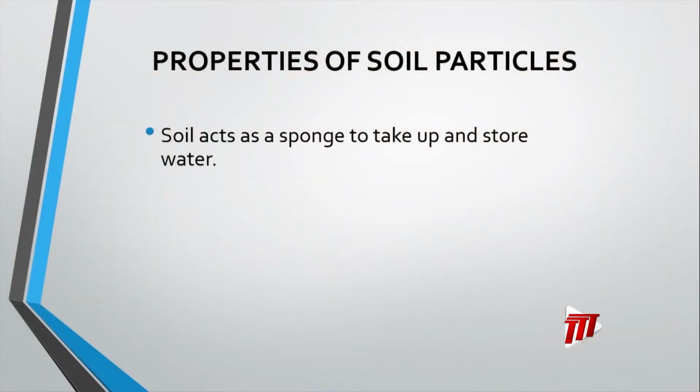So we need to know everything about soils and what they do. One very important characteristic that we need to take into consideration is that soil acts as a type of sponge, and it absorbs water. And this could be seen in the different soil types.